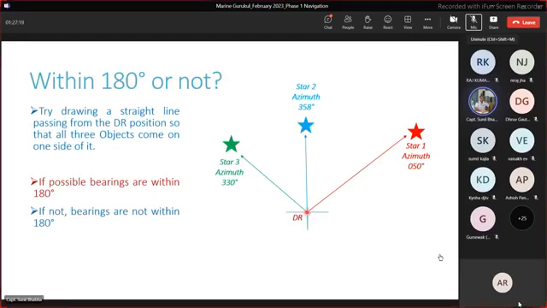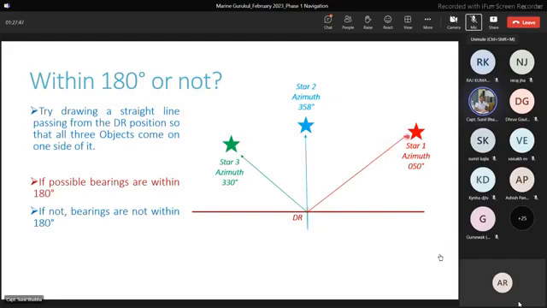Now let's see in our example whether we can draw the line or not. In this case, you can easily draw a line in the east-west orientation. You can see this maroon line coming up on the screen. This line is passing from the DR position and all the 3 stars are on one side of that line.